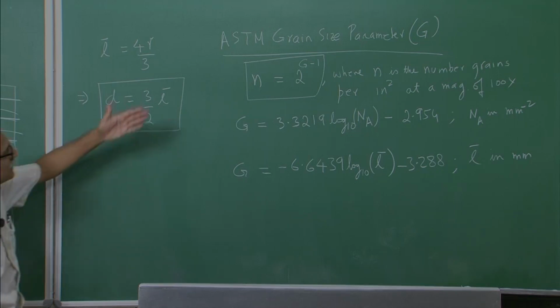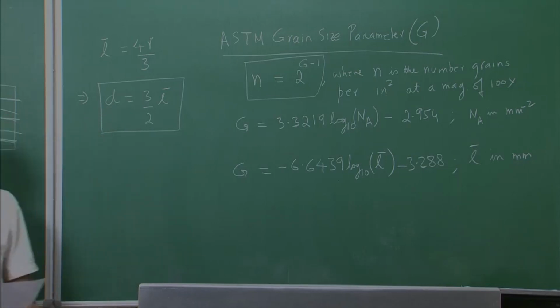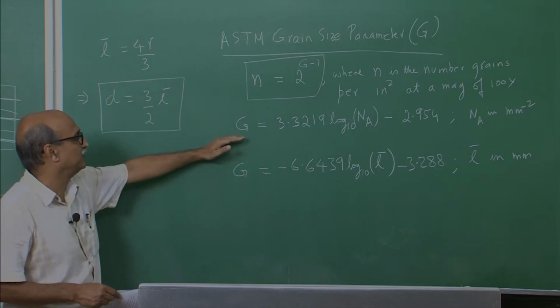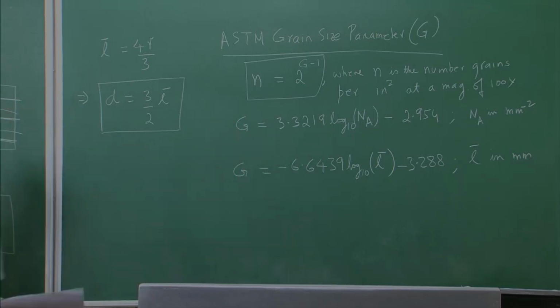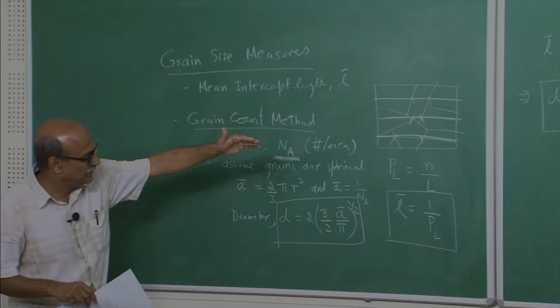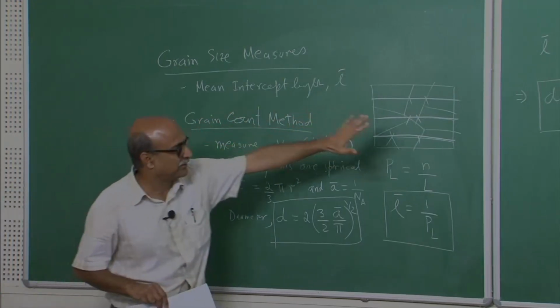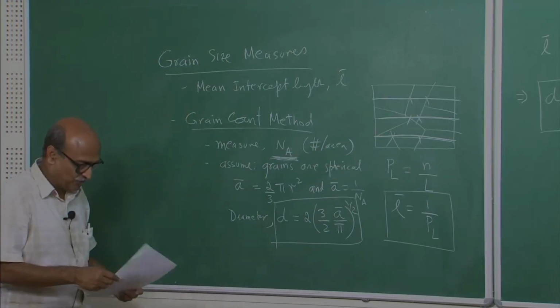So, the larger the grain size parameter G, the smaller the grains. This should be noted: large values of G imply small grains, small values of G imply large grains. Now, with this I will just conclude that these are some of the important grain size measures that I think you ought to be aware of.